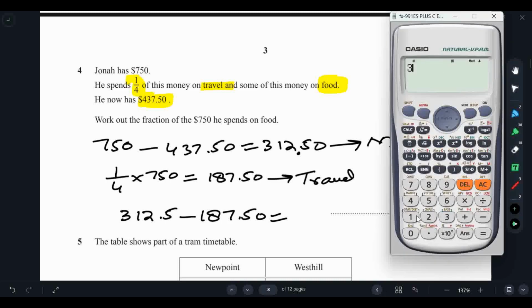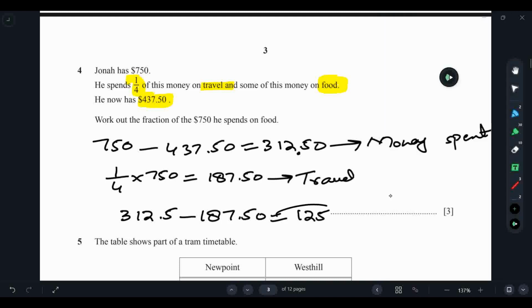So 312.5 minus 187.5 is 125. So $125 is the amount he has spent on food.